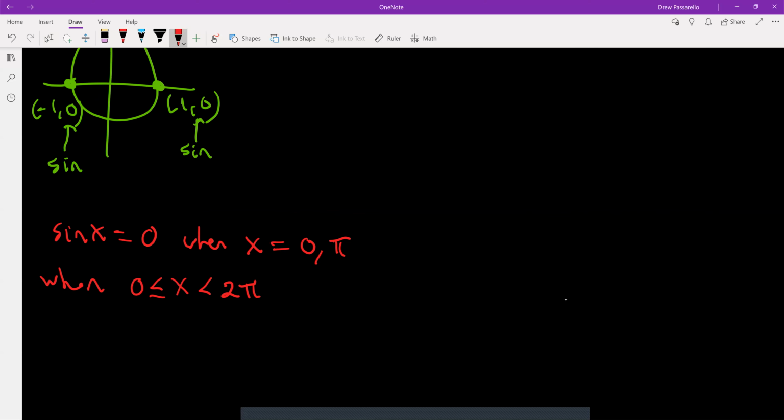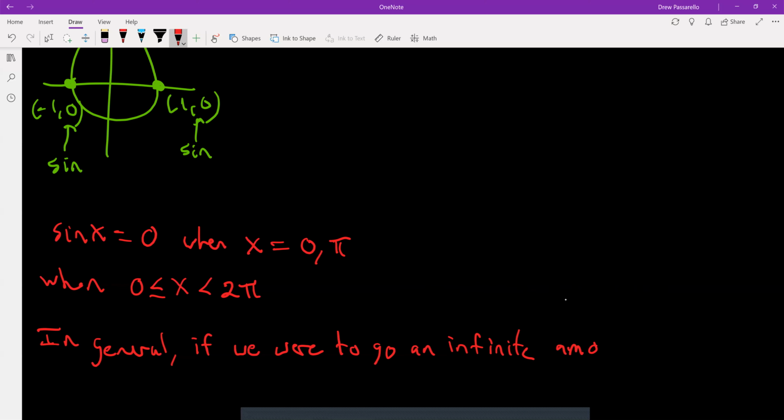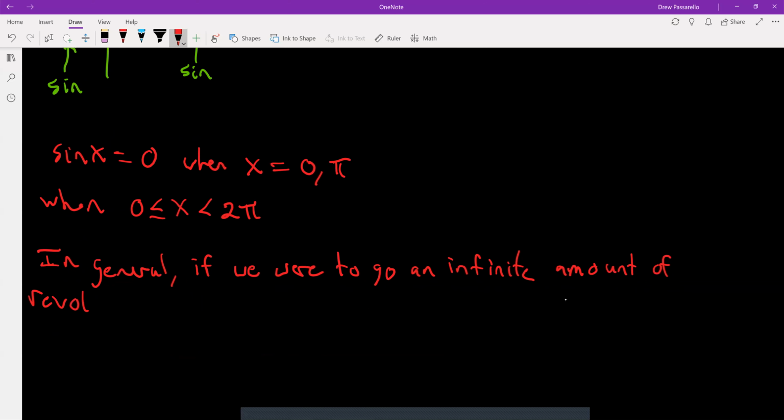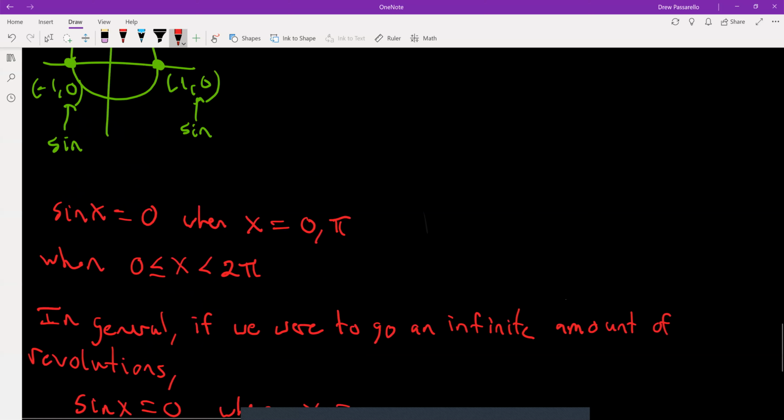And in general, if we were to go an infinite amount of revolutions, we would see that sine of x equals 0 when x is... so, infinite amount of revolutions.